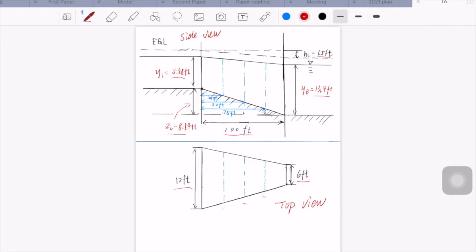The dashed blue lines indicate that we will determine the water surface elevation at these sections later. And then we can create a table to show the change in the bottom elevation and the water surface depth.